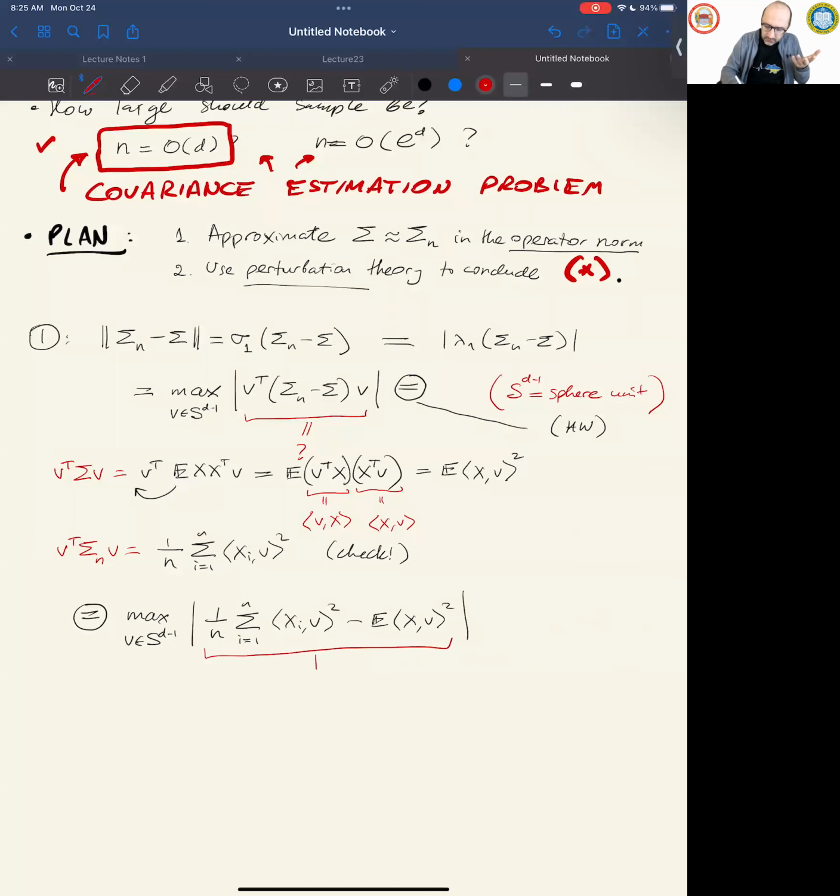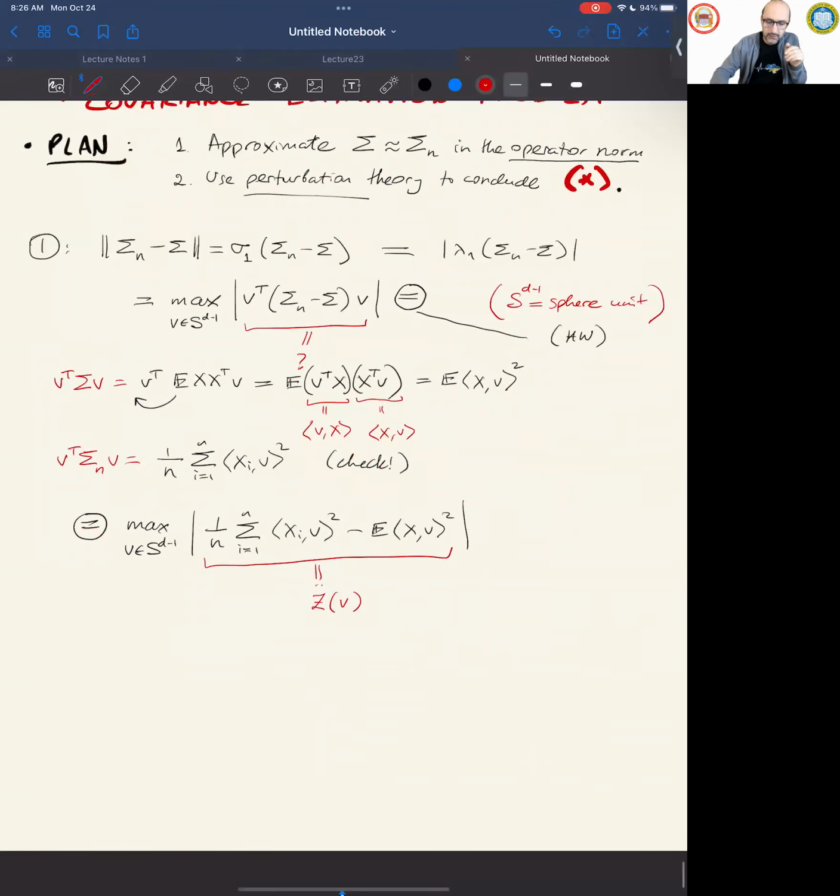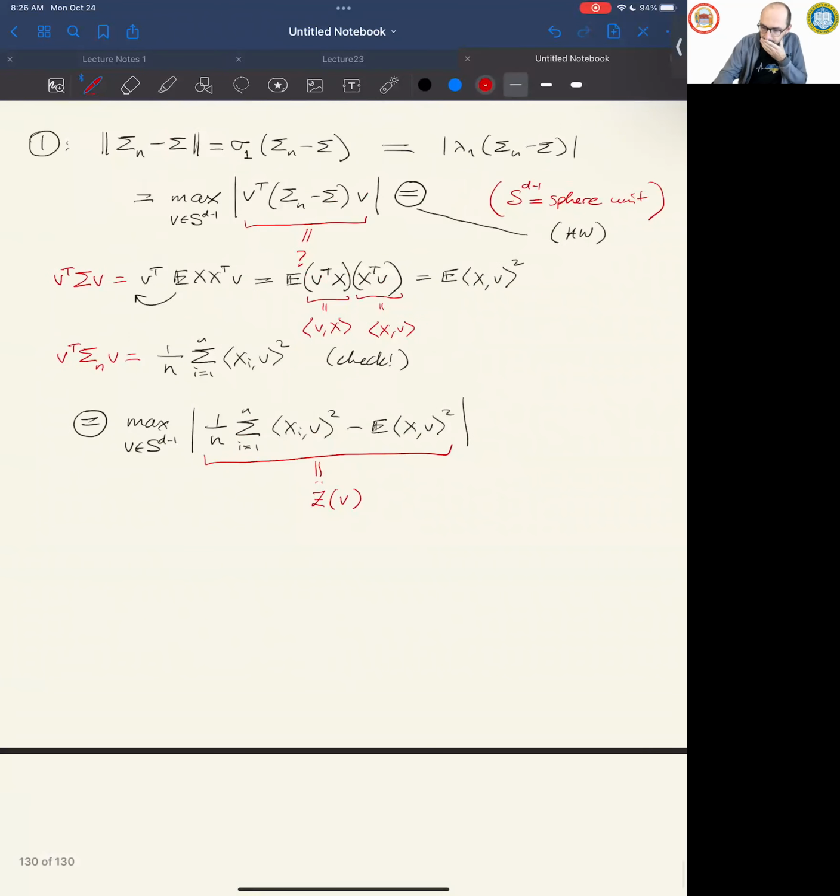Let's just think, what is this? First of all, it's a random variable, right? It depends on the sample, and the sample is taken at random. This random variable depends on v, so let's call this Z of v. It's a random variable whose value depends on v.